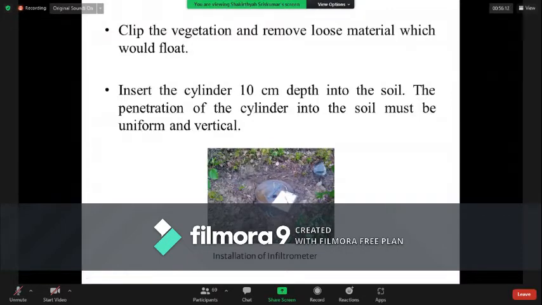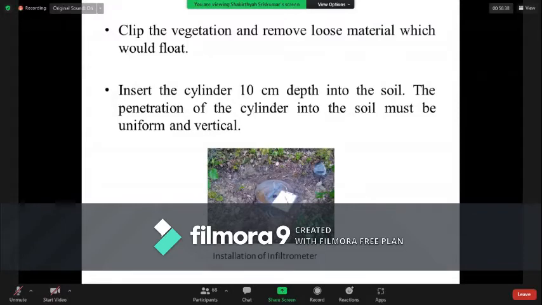So once you dig a hole, you need to remove those things. Why? It will act as a barrier to moving of water and it will automatically float once you pour the water. So you need to remove the material which would float.